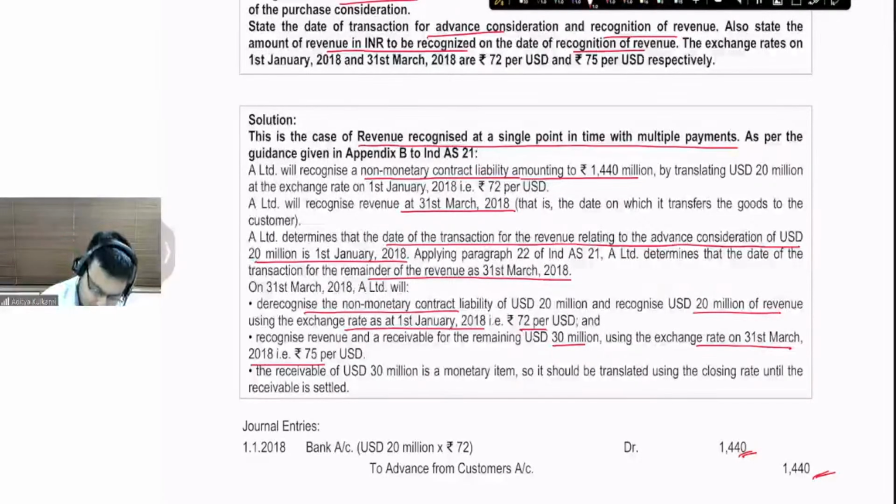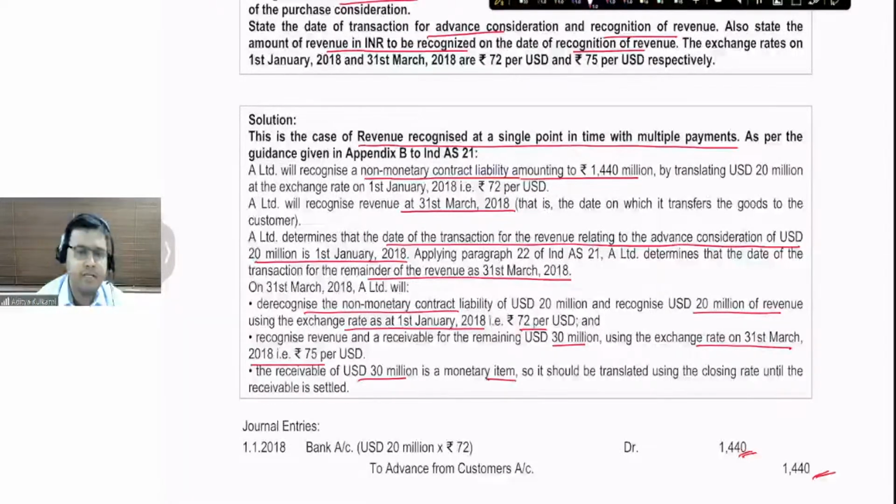The receivable of 30 million is a monetary item, so it should be translated. So I got 20 million; the revenue which I recognize for it will be based on this exchange rate. As far as 30 million is concerned, whatever the rate is on that date, I will take that as the revenue.